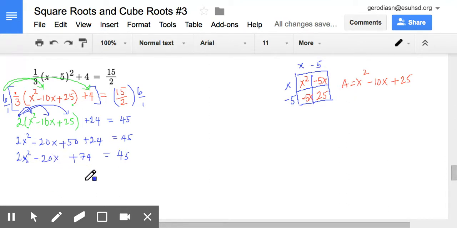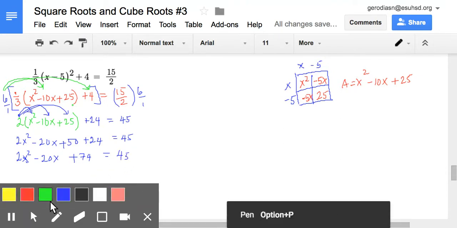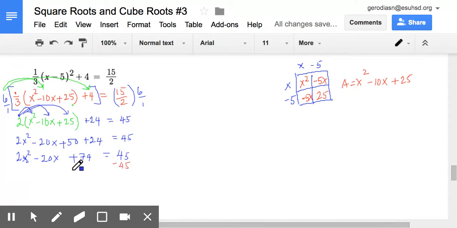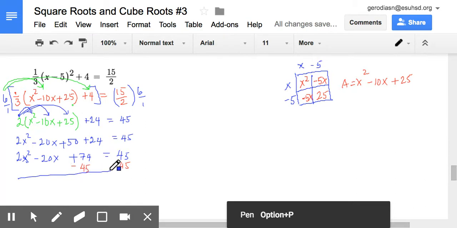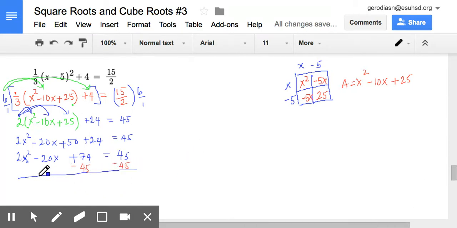But now we have here both x squared and x in the same equation. So when this happens, from math 2, we learned that we have to make one side of the equation equal to 0. So we are going to take away 45 from both sides. We're doing this because we want one side to be equal to 0. So we'll have here 2x squared.